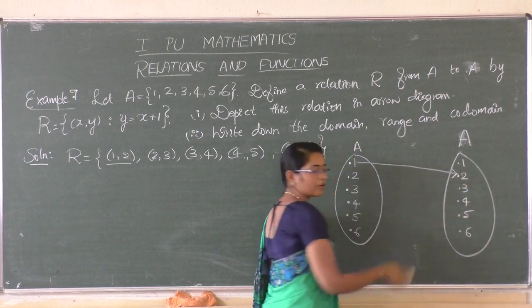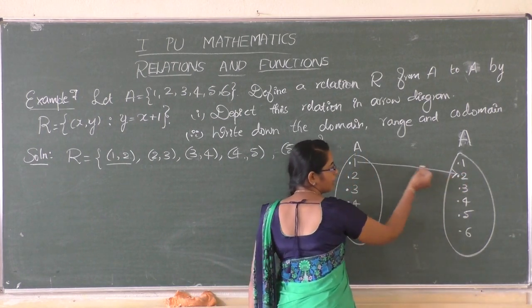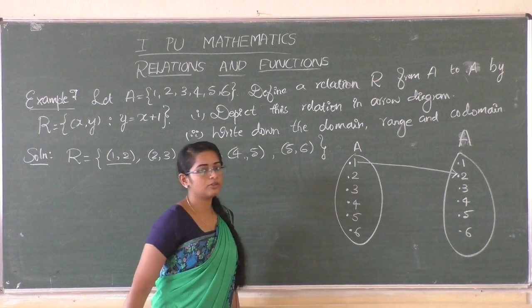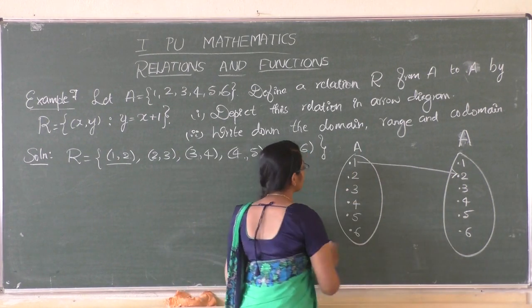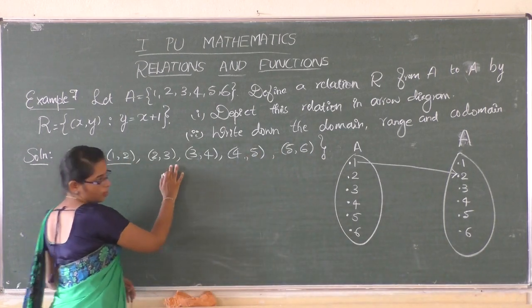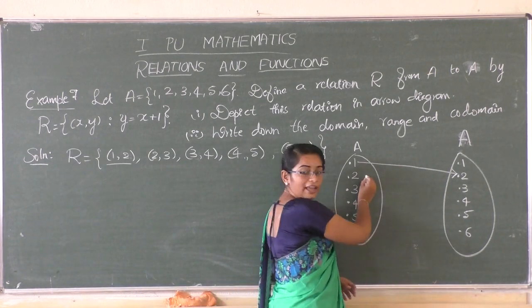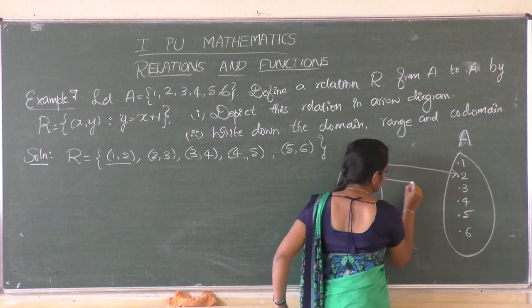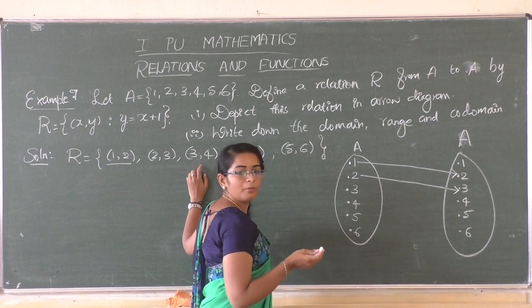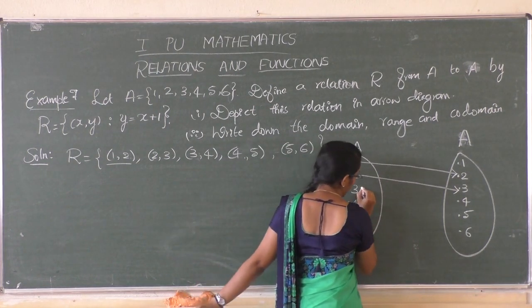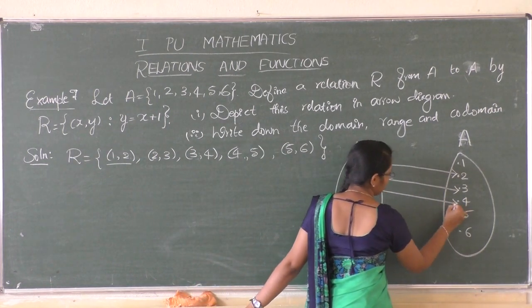You can put the arrow mark here or here, wherever you wish you can put it. Now the second element is 2, 3. So there must be an arrow from 2 to 3. Third element is 3, 4, and you should have an arrow mark from 3 to 4.